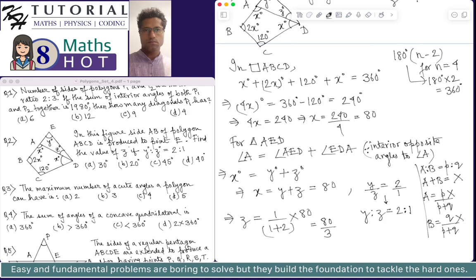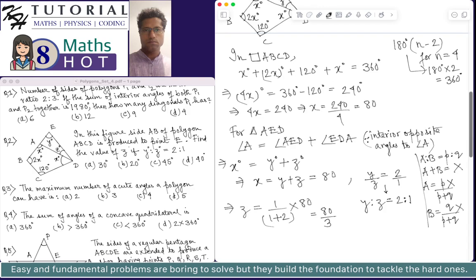It is not coming to be an integer. Let me check if I did the calculation correctly. The sum of the interior angles of quadrilateral ABCD is 360 degrees. So we have x degree plus 2x degree plus 120 degree is 360 degree. So 4x degree is equal to 360 degree minus 120 degree, which is 240 degree.